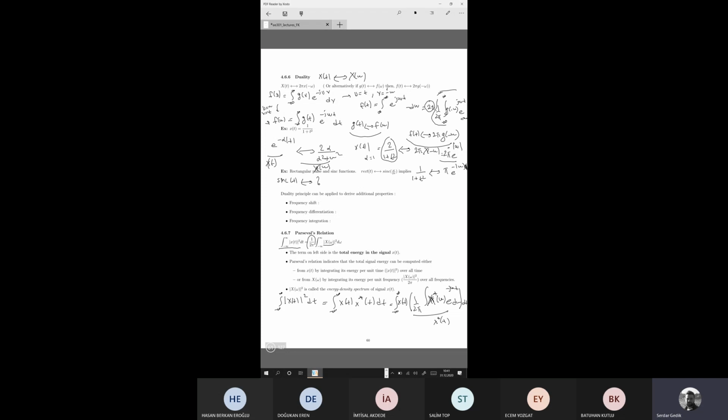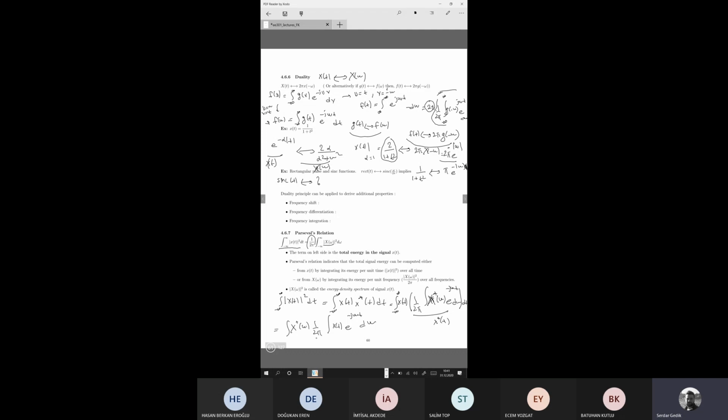Again, if I change the positions of the integrals, this is X conjugate of ω times 1 over 2π integral of x(t) e^(-jωt) dt dω.